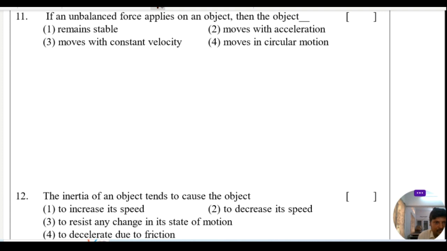11th question. If an unbalanced force applies on an object, then the object. Here, my dear children, unbalanced force means net force is not equal to 0. If net force is not equal to 0, net acceleration is also not equal to 0. So the object moves with some acceleration.